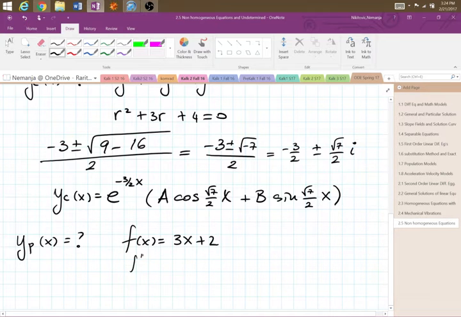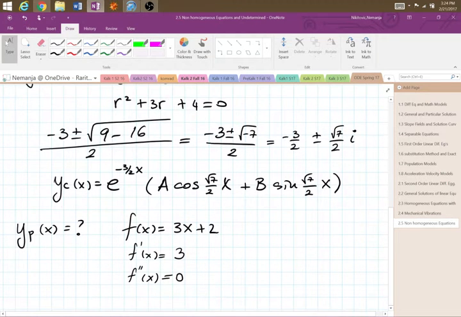So f prime is 3, f double prime is 0, and so on. Now, if you stare at this, I assume the solution of the form ax plus b, because if you look at all of the possibilities that derivatives can take, this is exactly what you see.